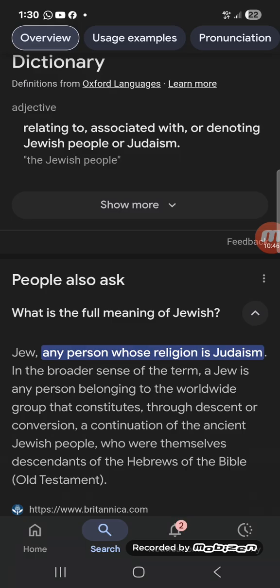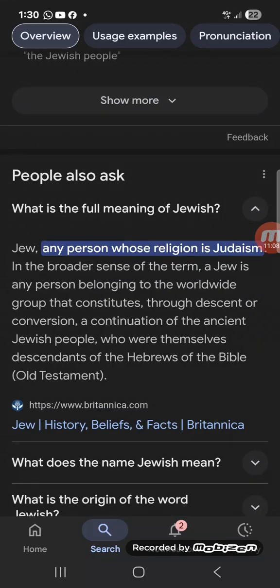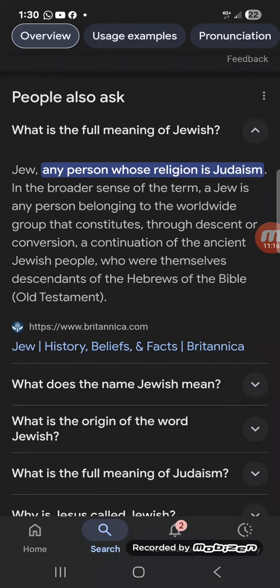A constitution of the ancient Jewish people who were themselves descendants of the Hebrews of the Bible, Old Testament. Which Hebrews? Right? Because Jacob was the forefather, Jacob and Esau, both of them were Hebrews, right?